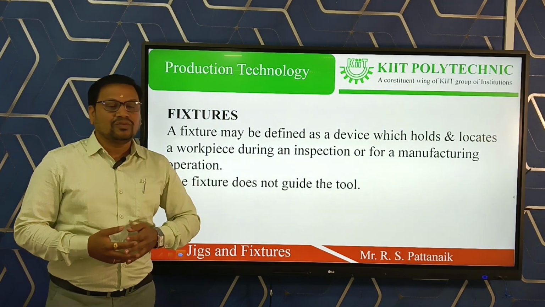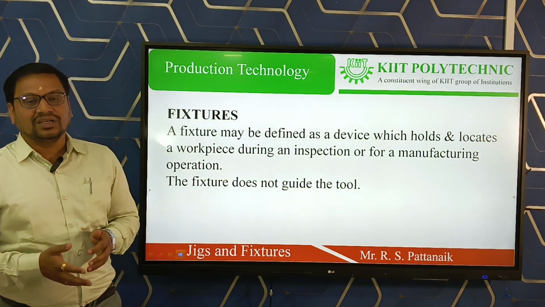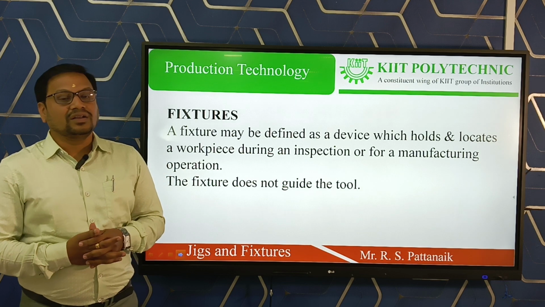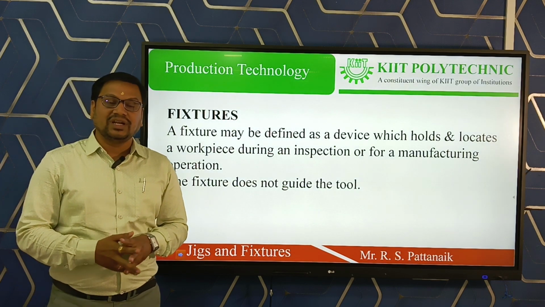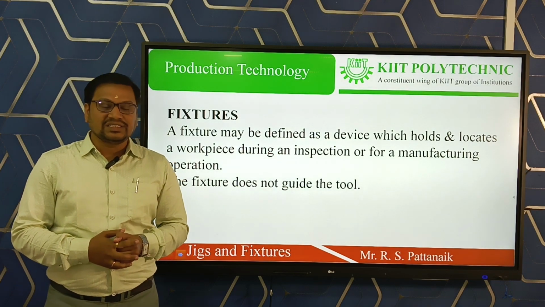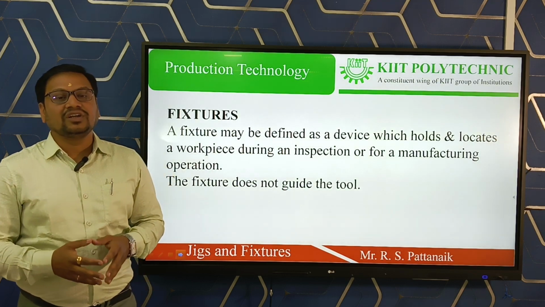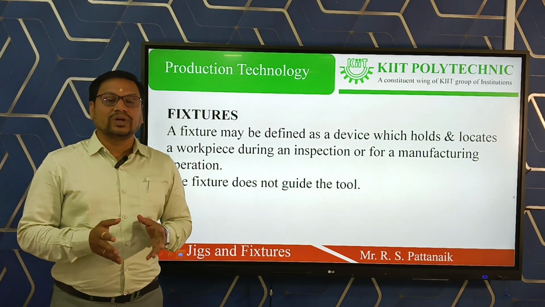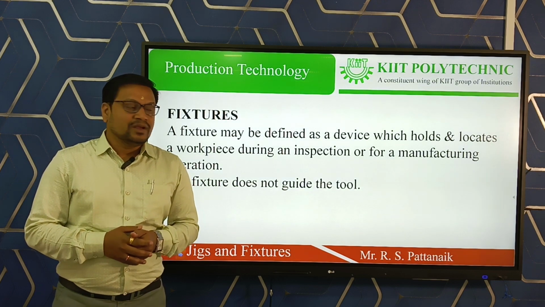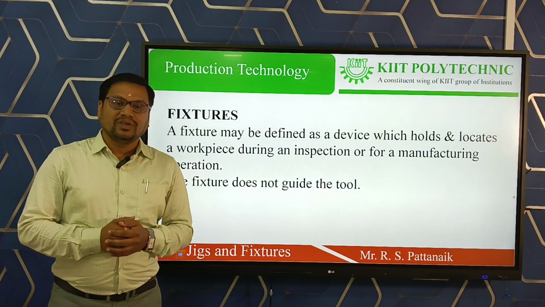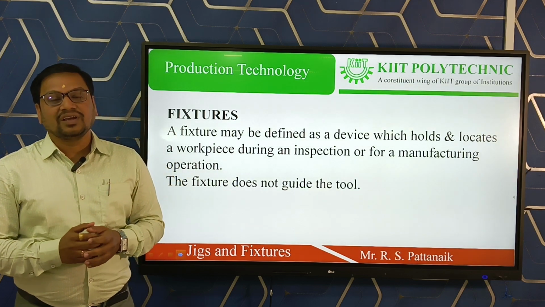Now we will discuss the basic difference between jigs and fixtures. As we already discussed, a jig is a device which holds and locates the workpiece and at the same time guides and controls one or more cutting tools, whereas a fixture only holds and locates the workpiece. A jig is lighter, whereas a fixture is heavier.